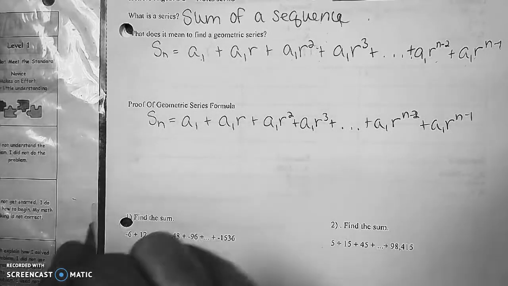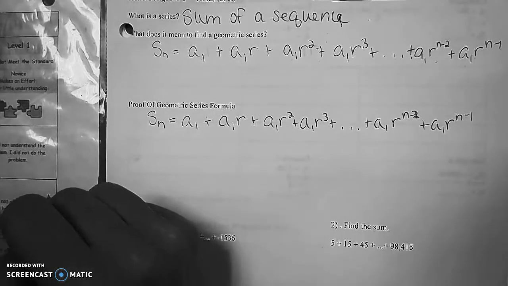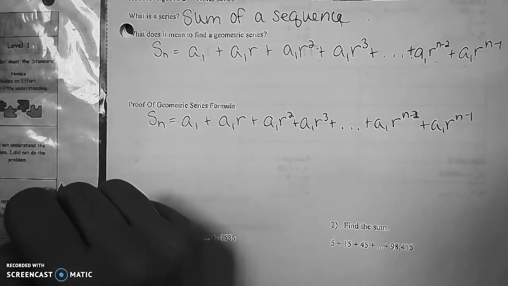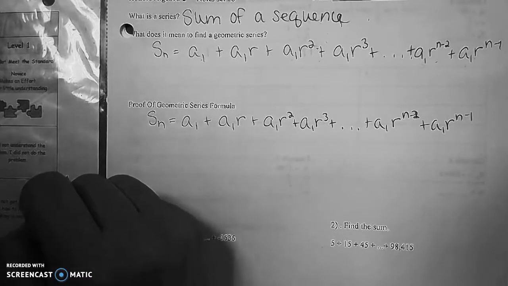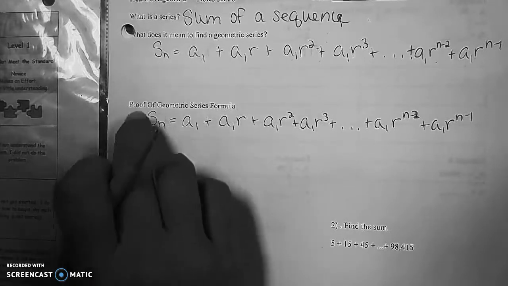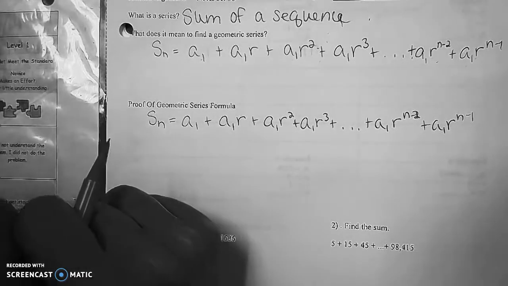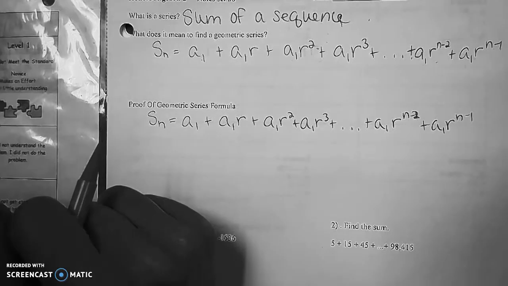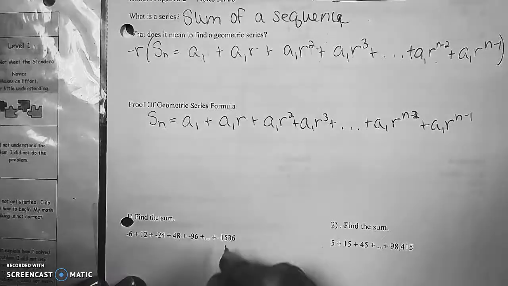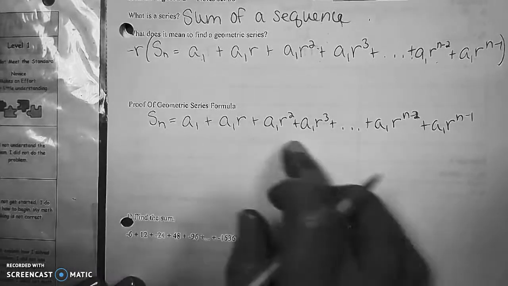Again, we want to know how to quickly add these together. If this has 70 terms in it, we don't want to sit there and add all of them together. We want to do this quickly. My first strategy is to take this statement and multiply it by negative R. I'll write a negative R out here and then write the result below.